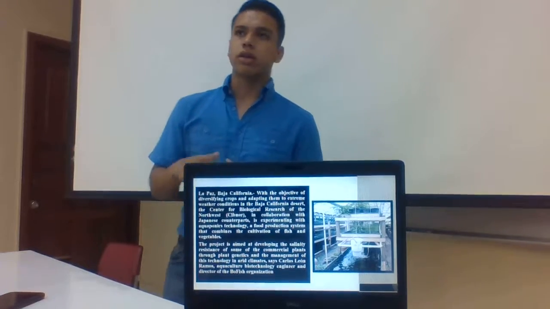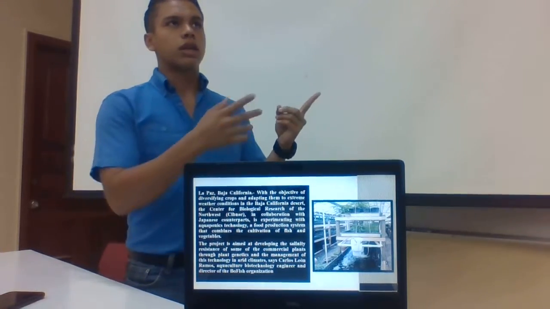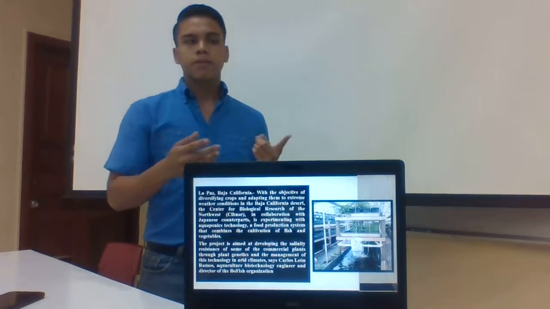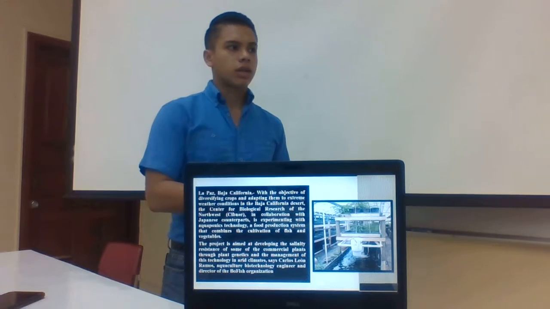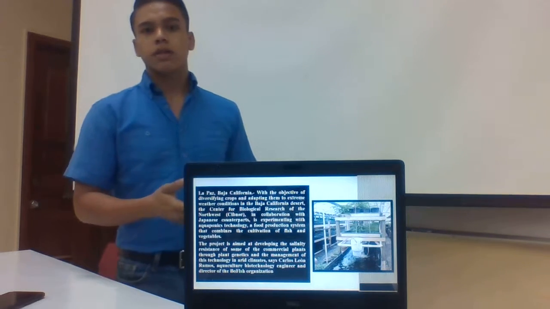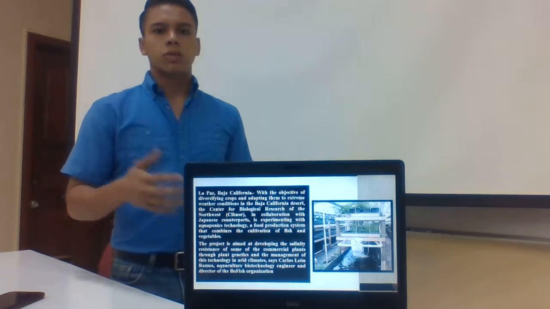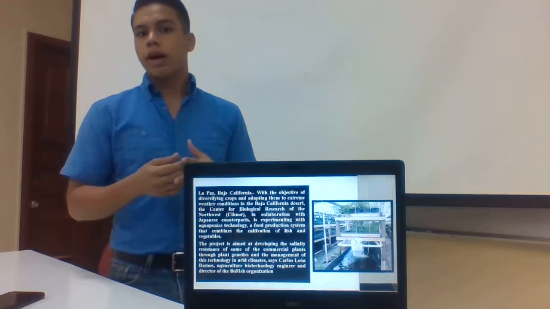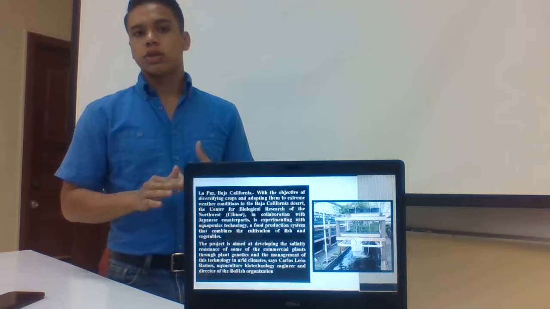So right there we are going to feed the plants, giving them the water that they need, and the water that they don't use falls down with gravity, and at the end is used by the fish. So it's something new, something with low price, low cost, and it's good for us.